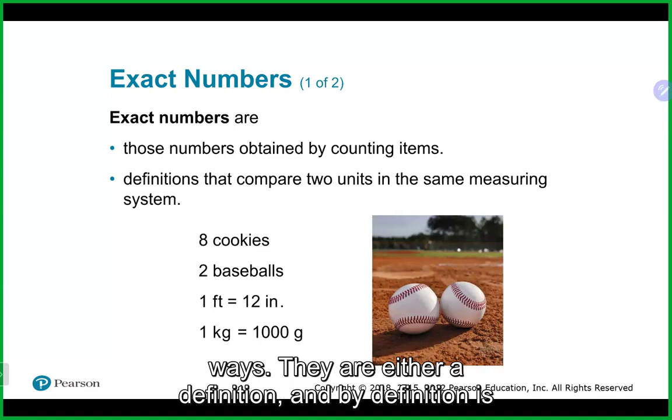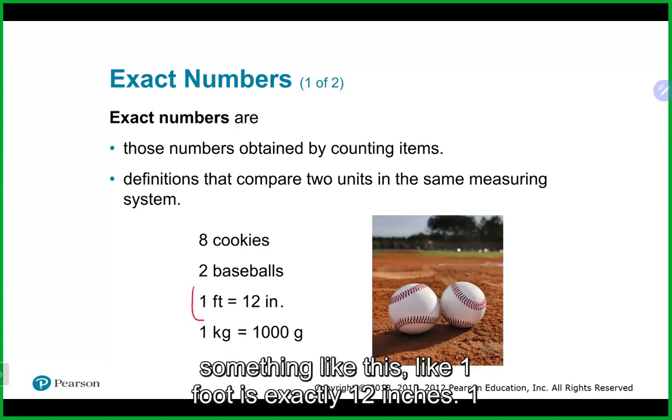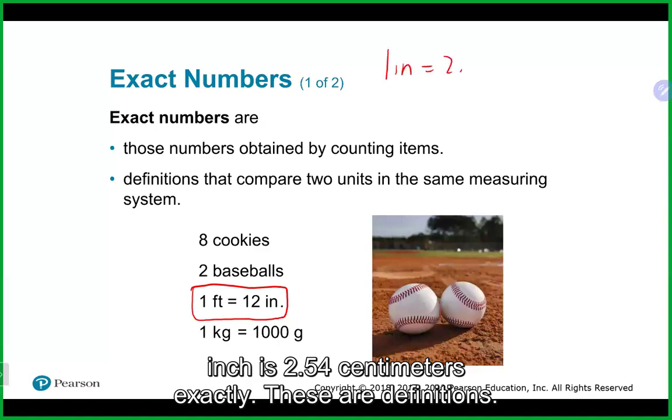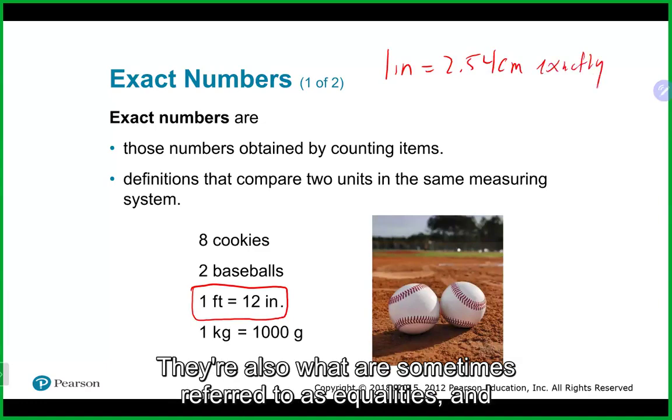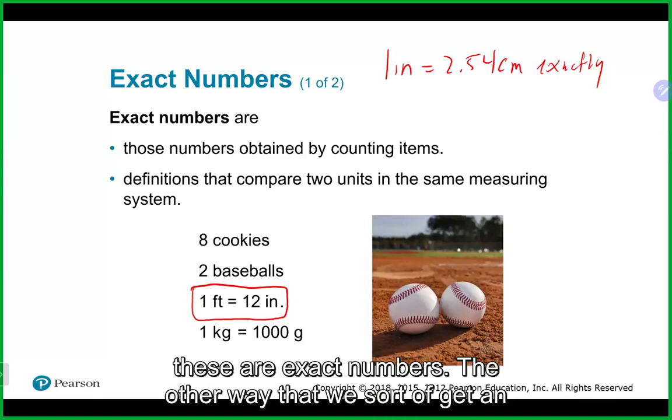They are either a definition, and a definition is something like this, like 1 foot is exactly 12 inches. 1 inch is 2.54 centimeters exactly. These are definitions. They're also what are sometimes referred to as equalities. And these are exact numbers.